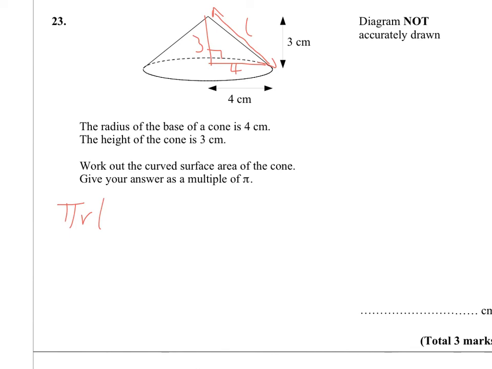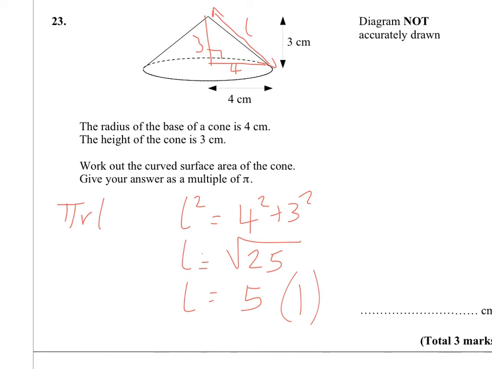L squared equals 4 squared plus 3 squared. So L is root 16 plus 9, which is root 25. So L is 5. That's going to get me 1 mark just for L equals 5.